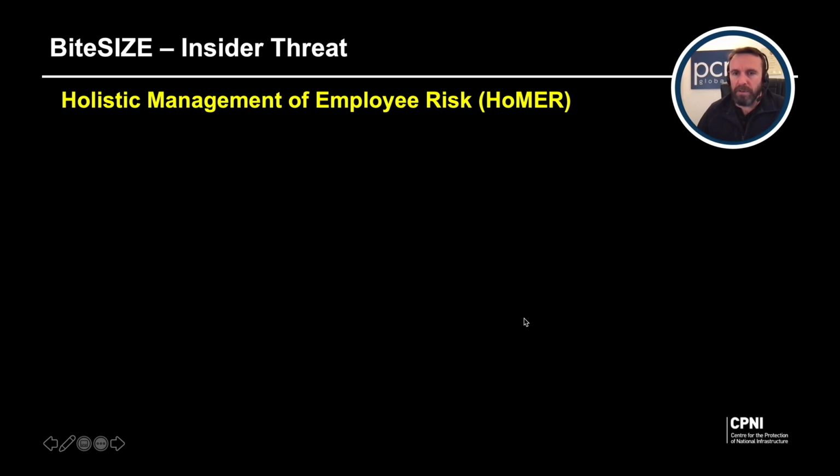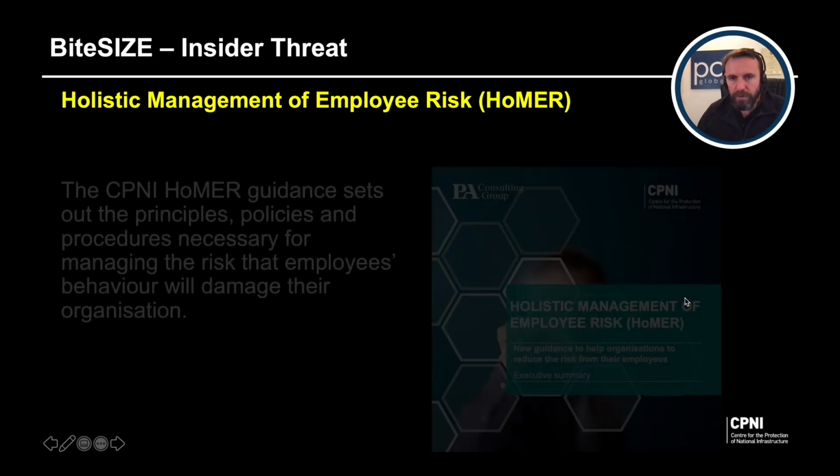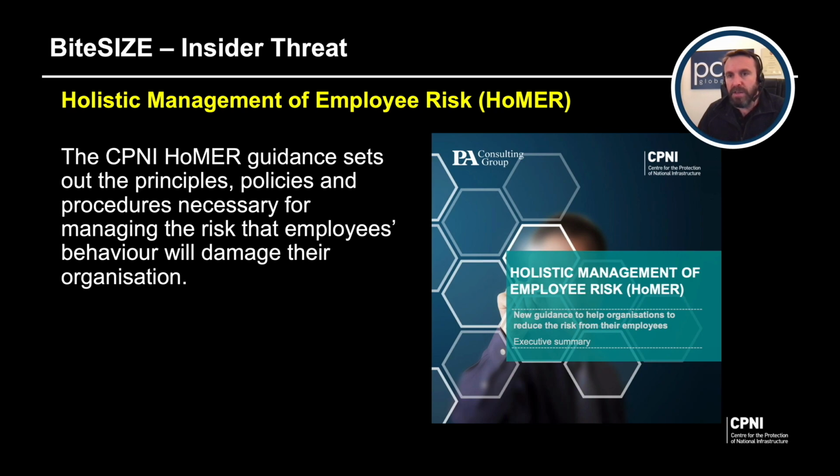Holistic management of employee risk. For those of you who haven't seen this, it is some guidance, yet again, which sets out the principles, the policies and the procedures which are necessary for managing the risk that employees' behaviour will damage their organisation. I can't say this enough. Disgruntled employees, for me, are the biggest risk.